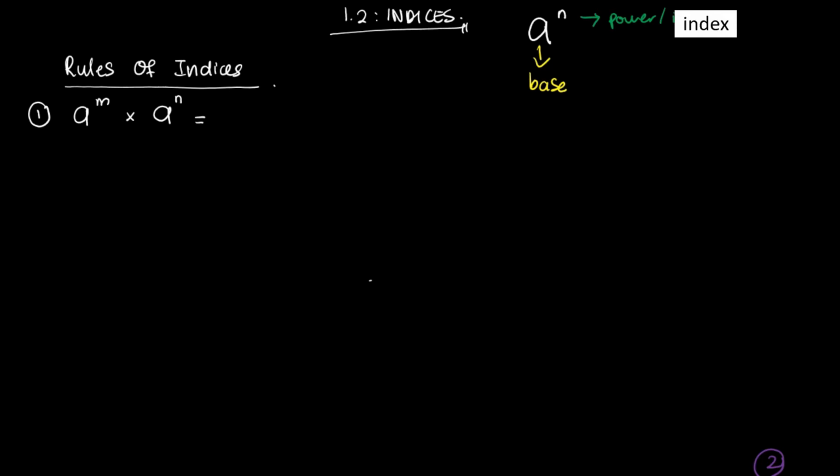So for this rule, what do you have? You have two bases, the same base, that come with multiplication, and it will be a to the power of m plus n. So remember, for multiplication, I would write it like this.